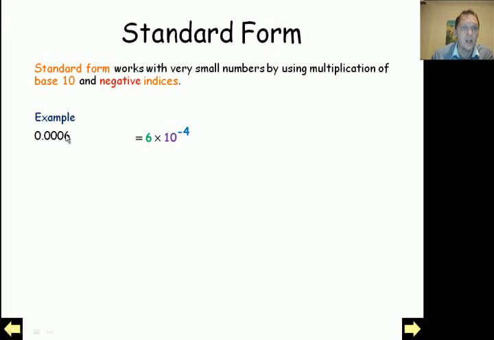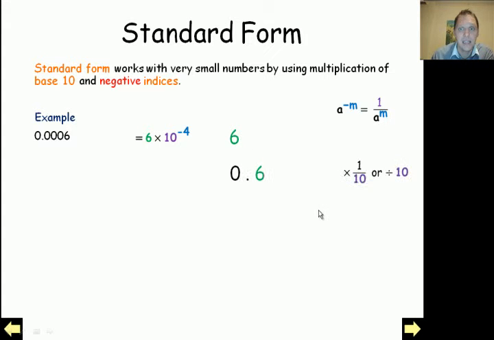So again, another way of getting this, to get from our unit number to our first number, I'm going to come back 1, 2, 3, 4, and because we are going into our decimals, it's going to be a -4. Again, I'm going to show how that comes about. So here I've got 6.